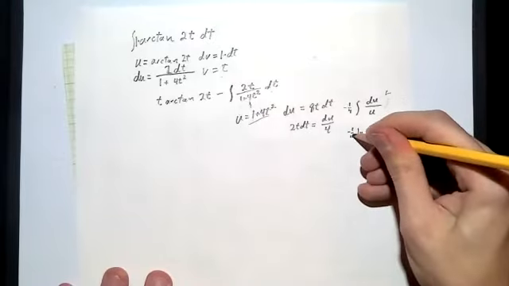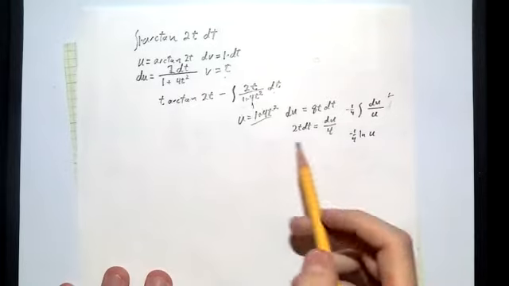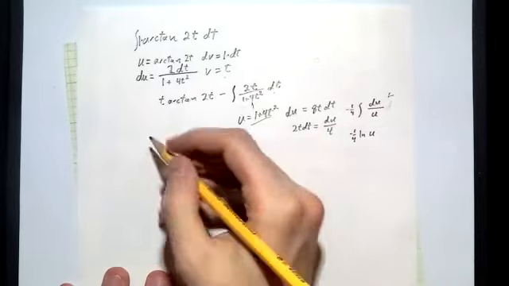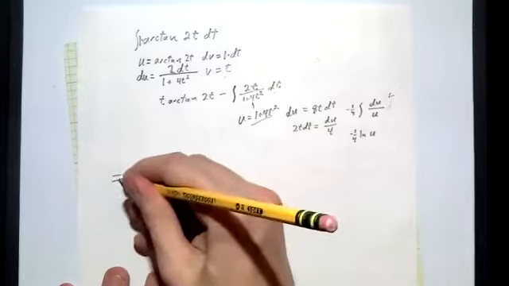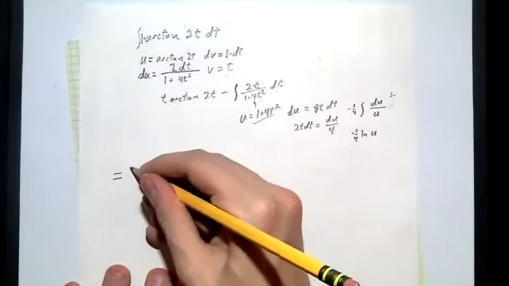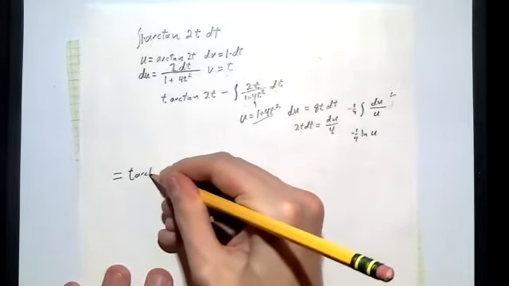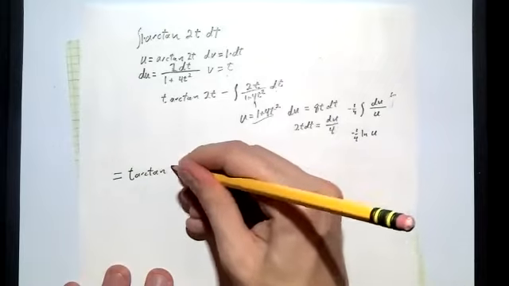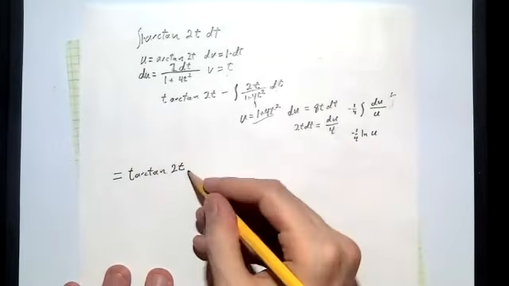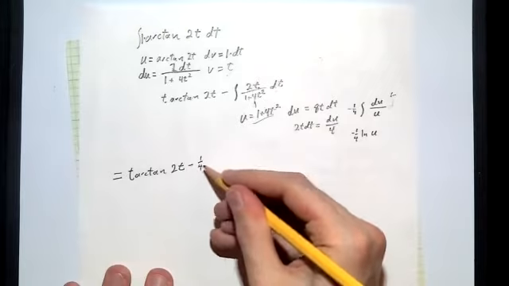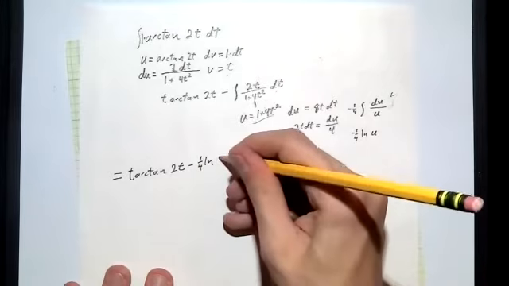So negative 1/4. Now we just fill out the rest of this. So we get our integral is equal to t arctan of 2t, and then minus 1/4 natural log.